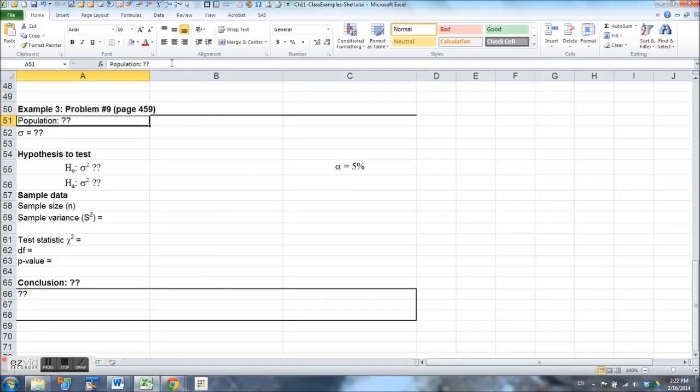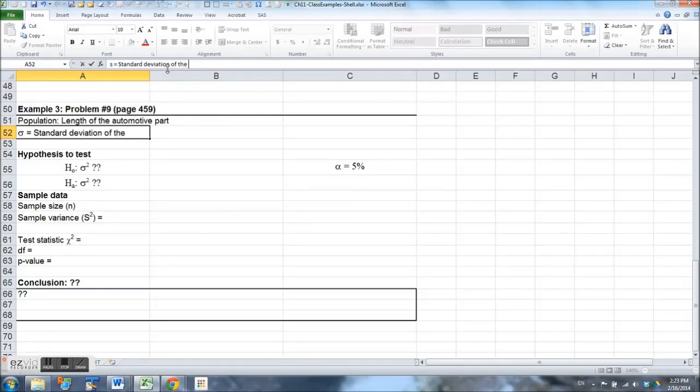So here the population is the length of the automotive part. Sigma is the standard deviation of the length of the automotive part.